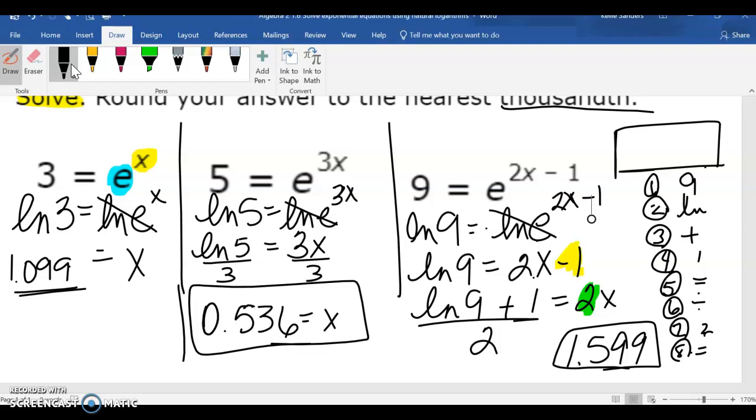And that should be the keystrokes to be able to get 1.599. Just like on this one, if you're using your phone, it's backwards, so you go 3 and then natural log, and then it automatically does 1.099.